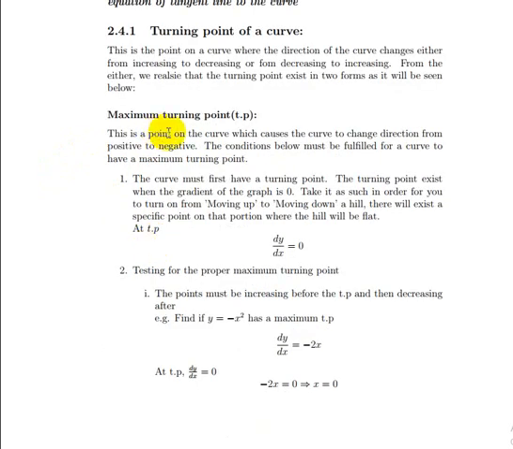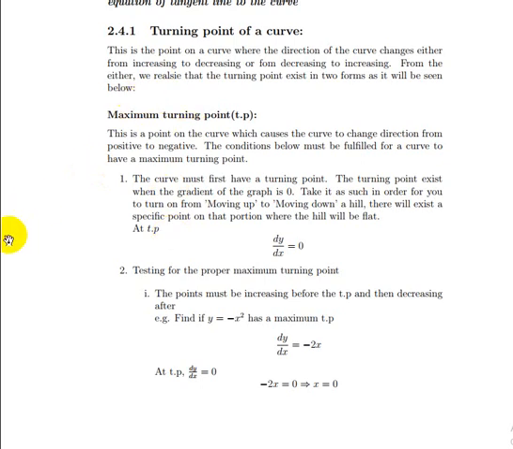There also exists another type of turning point. I've only mentioned the maximum turning point and minimum turning point in this tutorial, but there exists another, which is a null turning point. A null turning point is a turning point where before it the steepness was positive, and after it the steepness is still positive.